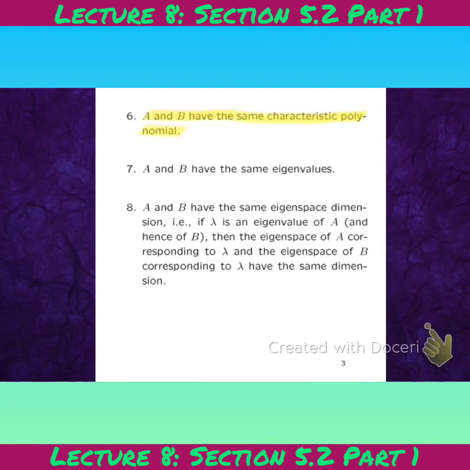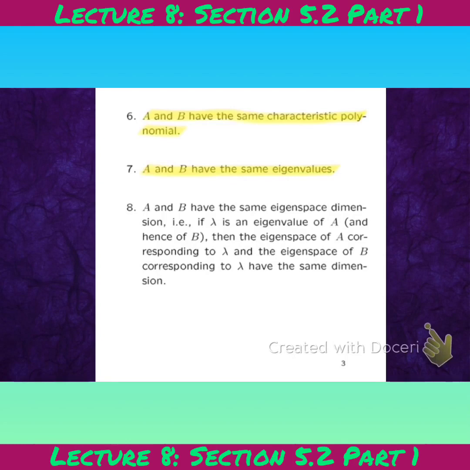So this property here is that the eigenvalues of A and B are the same. And that follows from property 6, because both the matrix A and B have the same characteristic polynomial.